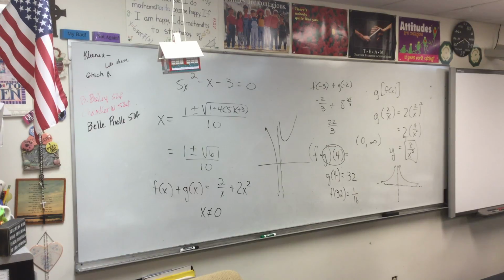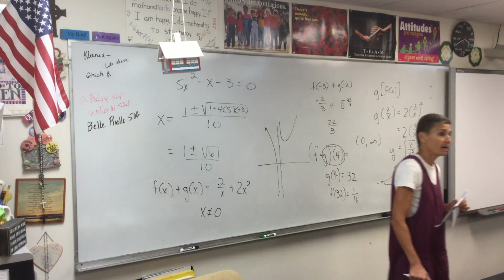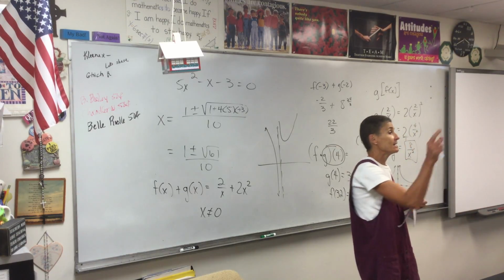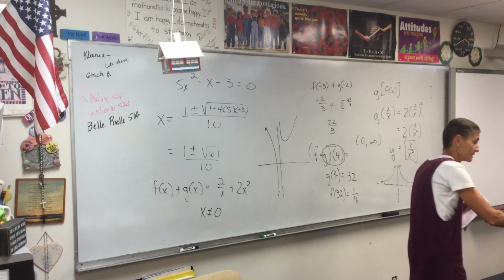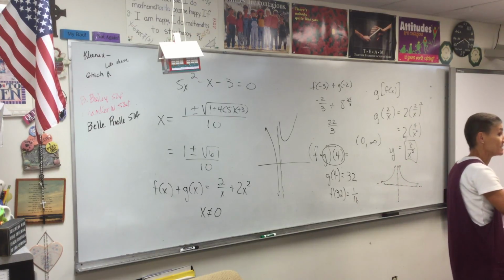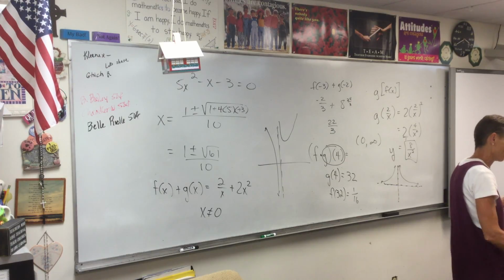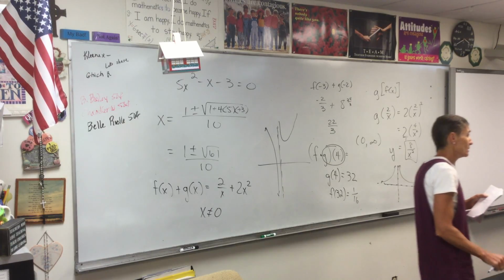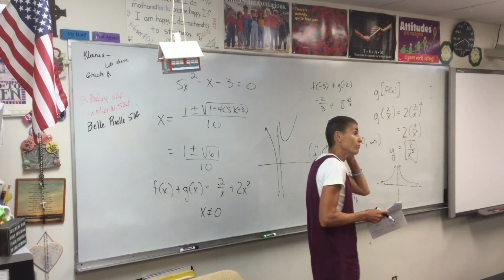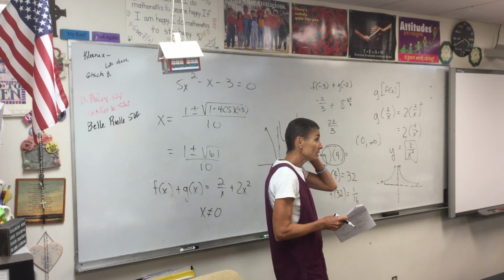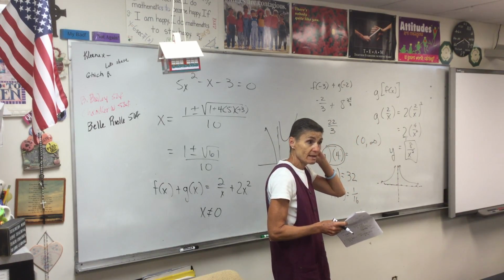A hole is a removable discontinuity. A non-removable discontinuity then is one that doesn't cancel out. And what does that make? A vertical asymptote. So a removable is a hole. A non-removable is a vertical asymptote.